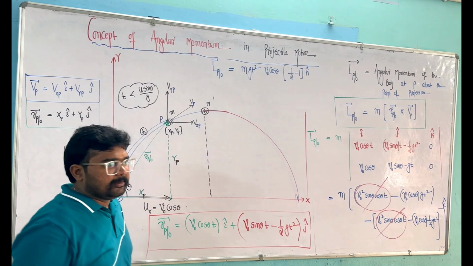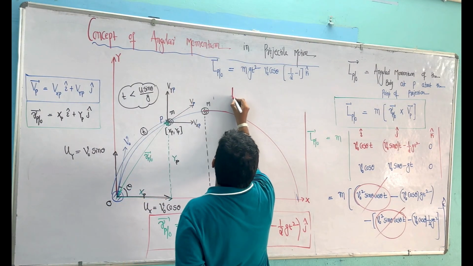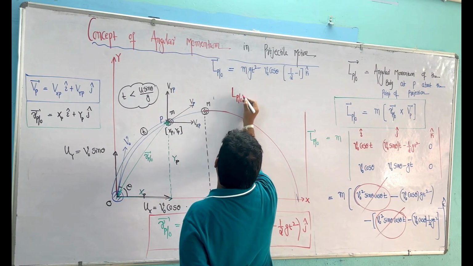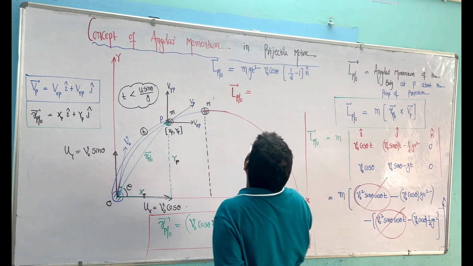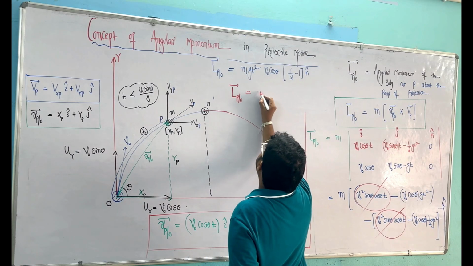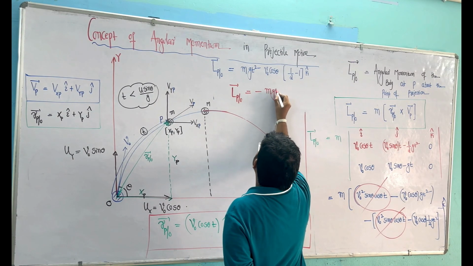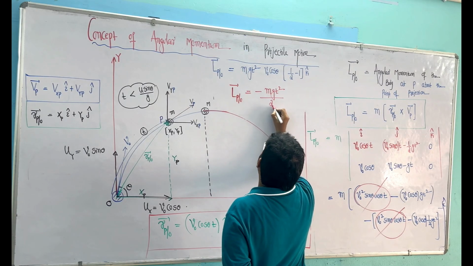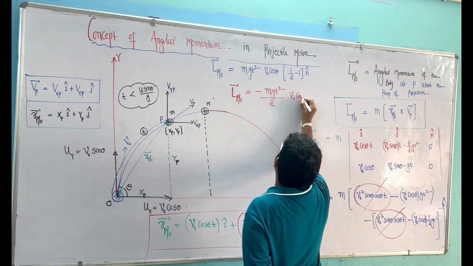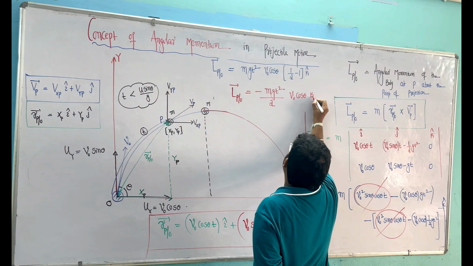Are you following? Next, the angular momentum of point P about point O equals minus m g t square by 2 into V naught cos theta k cap.